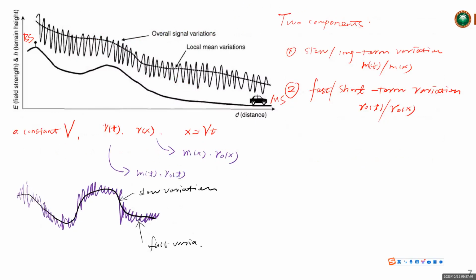So the slow variations of the received signal can be modeled, or usually follow, a log normal distribution if the slow variation is in a linear unit.